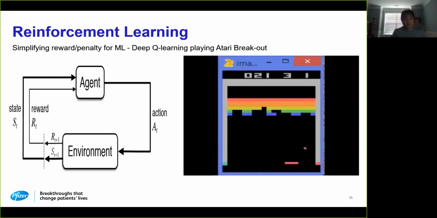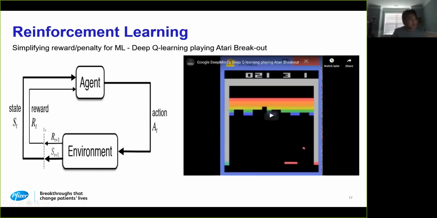So a little bit about reinforcement learning, and I'll try to show you how the system works. We have an agent taking actions in an environment, which gives a reward or a penalty, and loops back to the agent, and continues until it learns the most optimal solution. And this is actually a clip from YouTube from a company called DeepMind.